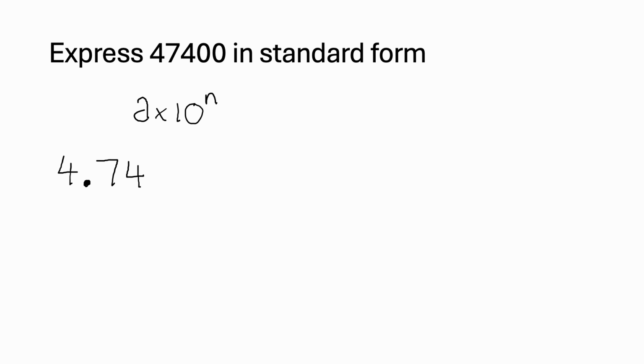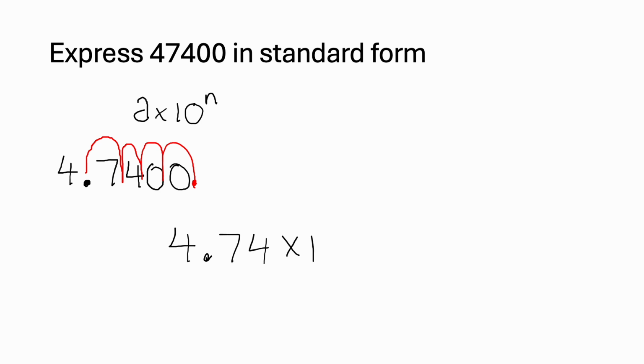To get from 4.74, and I'm going to put the 2 zeros here at the end, to 47,400, we're going to move it 1, 2, 3, 4, 4 times to the right. So n is going to turn into 4. So our final answer is going to be 4.74 times 10 to the power of 4.